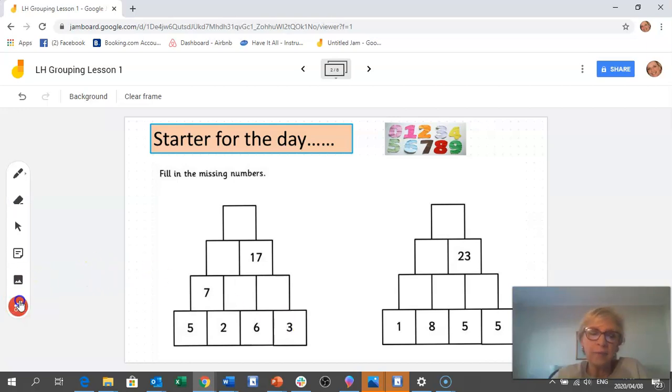And these pyramids need you to work out what the pattern is of these two numbers and these two numbers and these two numbers. In other words, what did you do with these two numbers in order to get that answer? Right? So you have to do something with these two numbers in order to get the answer of 7. What would you do with 5 and 2 to get an answer of 7?